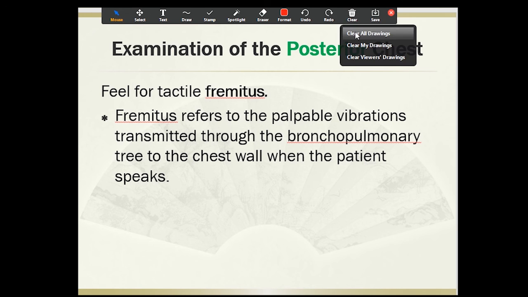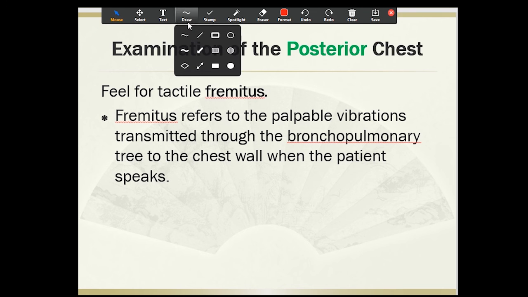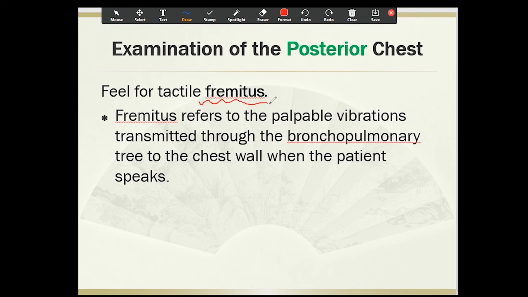And then we're talking about testing for the firmness.